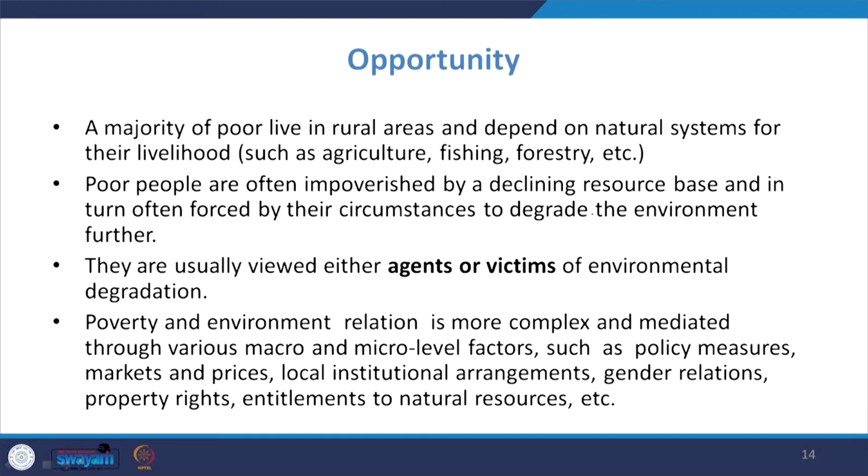So, when we try to establish the relationship between poverty and environment, this relationship is actually not one to one, because there are many mediating factors like policy measures, market forces, prices, local level institutions, and gender relations in a particular society, and what is the level of property rights, especially whether property rights are well defined or not, what are the entitlements of poor people to use the natural resources. All these factors also affect the environment as well as poverty.